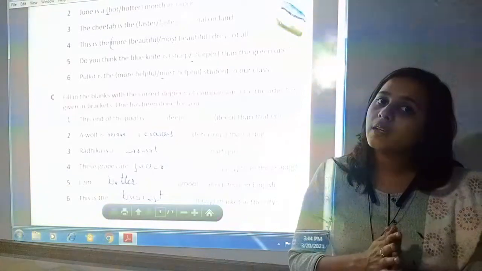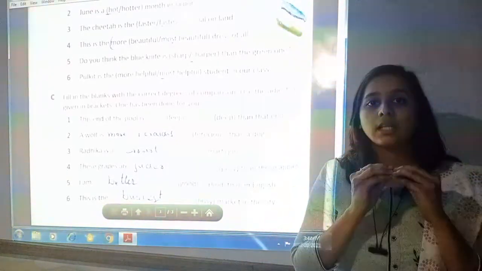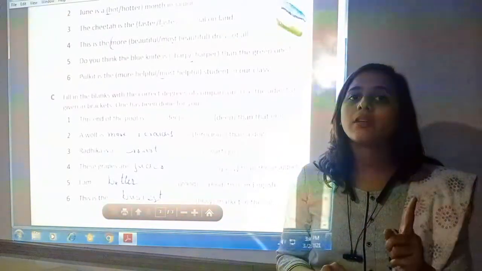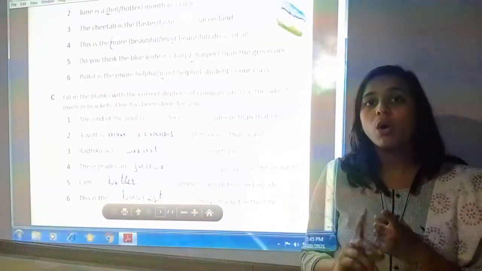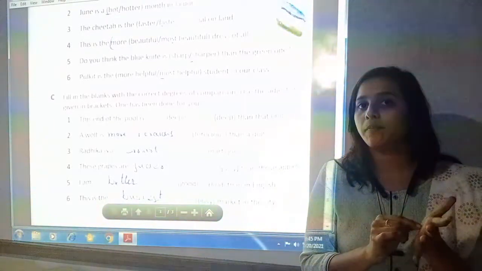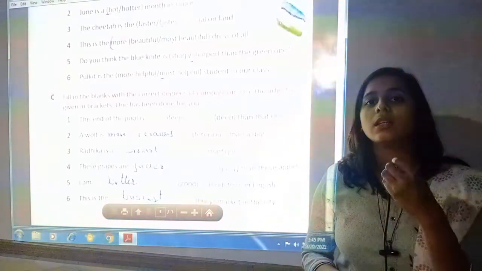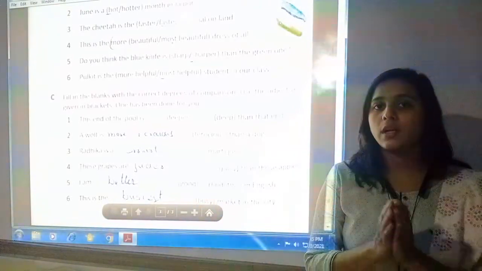Next is superlative degree. When 3 or more nouns are compared, that time we will use superlative degree. In that, how can you identify that this is superlative degree? When 3 or more nouns are compared, or when you see the before the adjective, that is the sign that it is superlative degree.